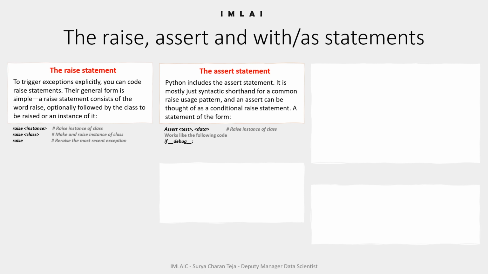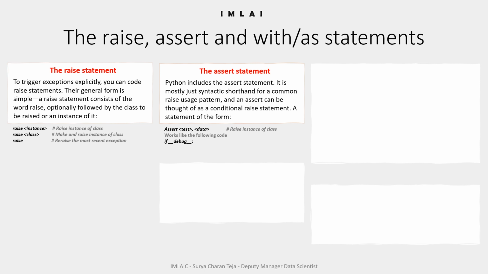Before looking at the complete code, I would also like to tell you one more point. In assert, the first statement is assert, space, test, and then data. In that, if the test evaluates to false, Python raises an exception.